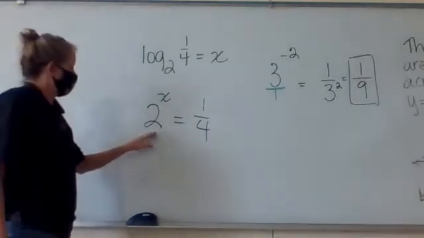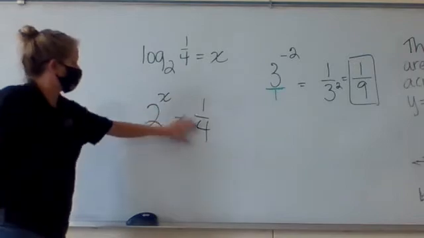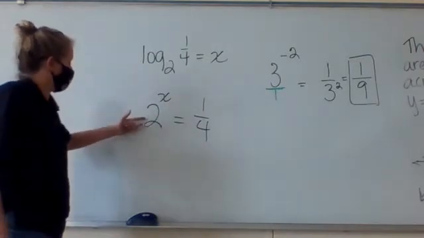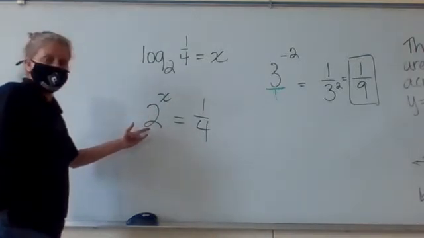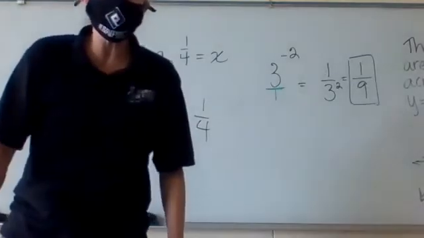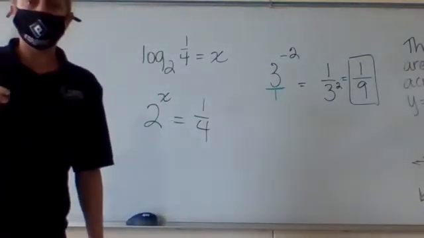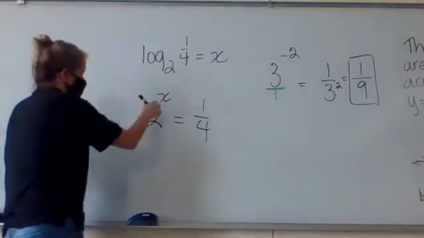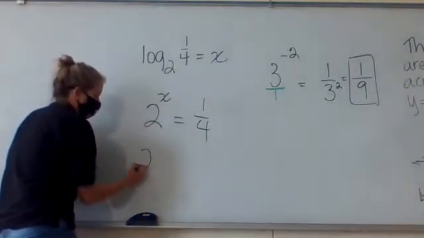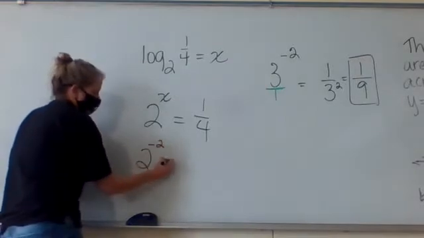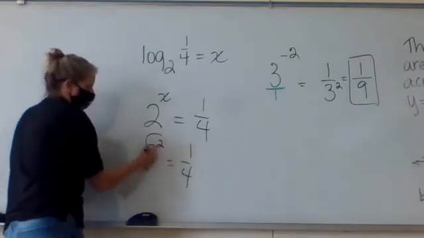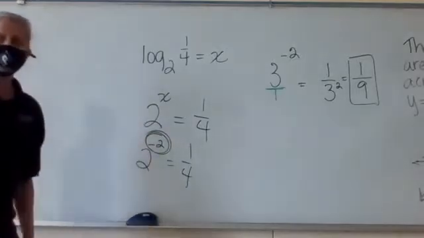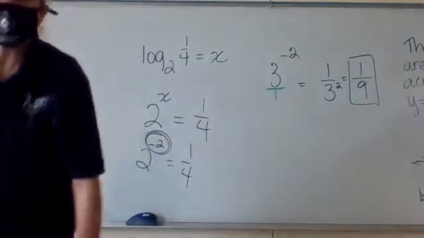Well, let's see. How do I turn this side into 1/4? I'd have to flip my base. And then what would I have to raise that 2 to make it be a 4? 2 squared. So what's going to make this happen? 2 to the negative 2 is going to equal 1/4. So your missing exponent right there would be negative 2.